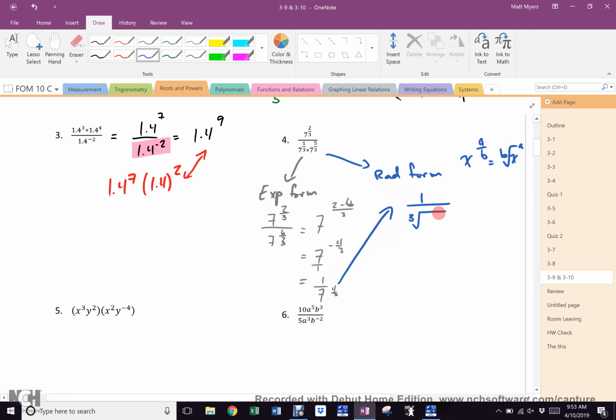Cube root of 7 to what power? 4th. Both of those answers are acceptable. When is the only time it matters? If I specify. Okay? If the instructions specify, right?